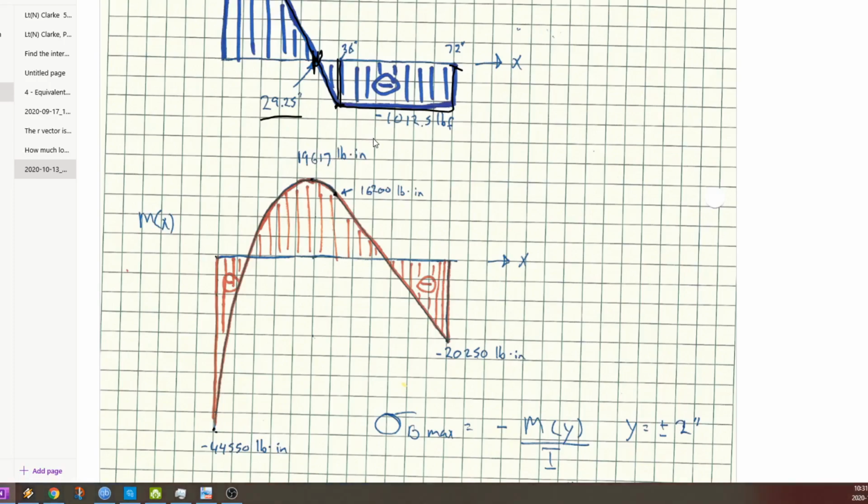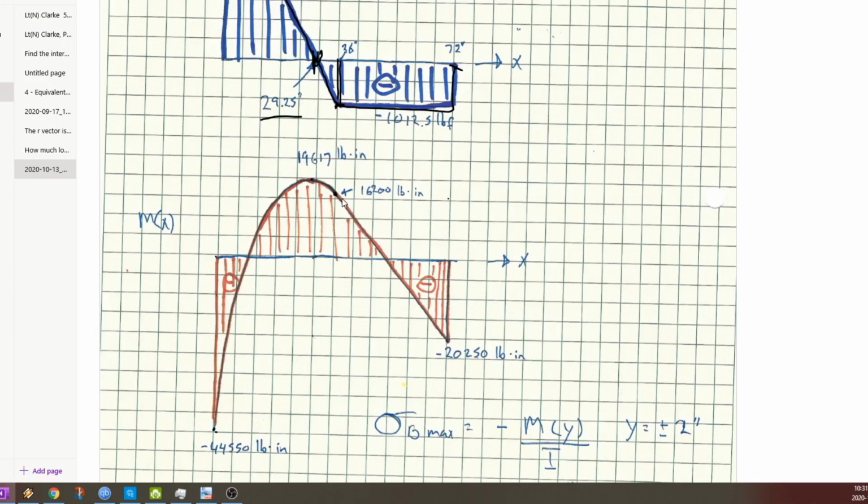So between here and here, it drops off by 1,012.5 pounds times 36 inches.